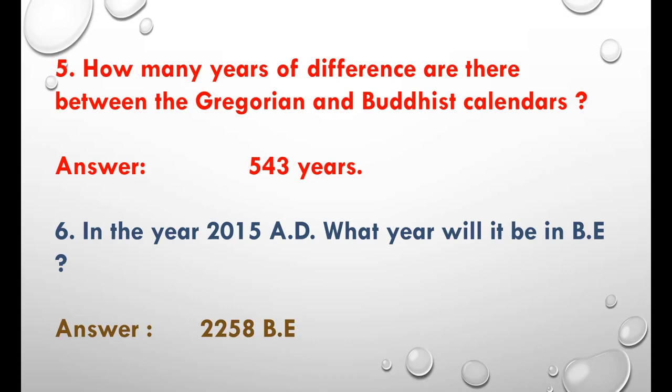And number 6. In the year 2015 AD, what year will it be in BE? Answer: it has 2558 BE.